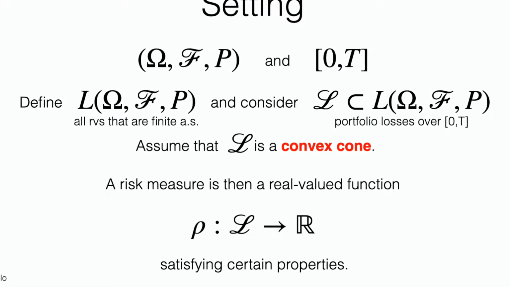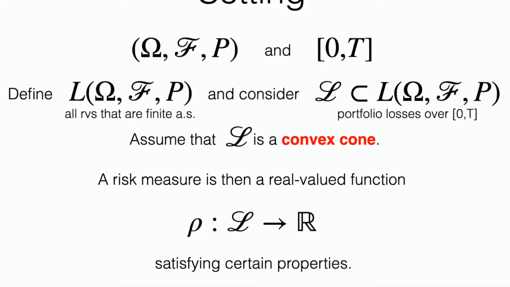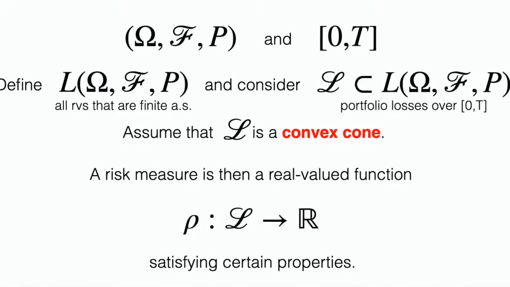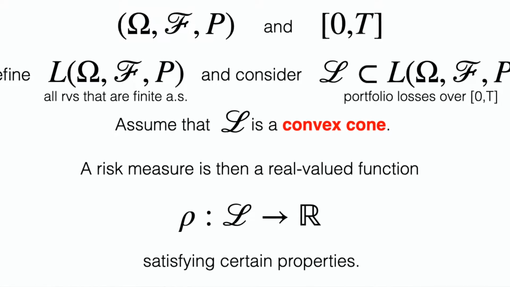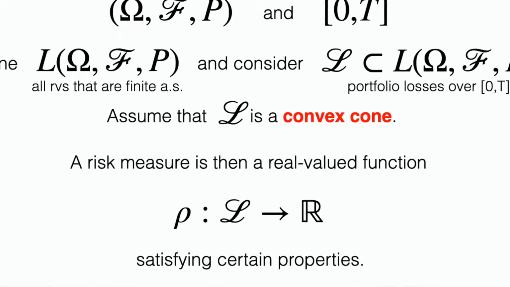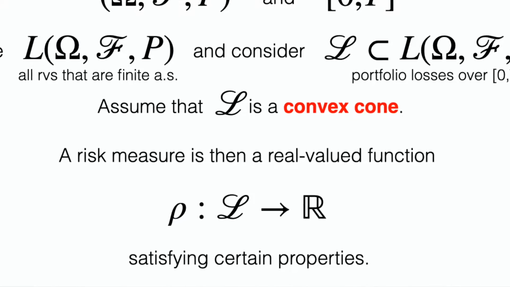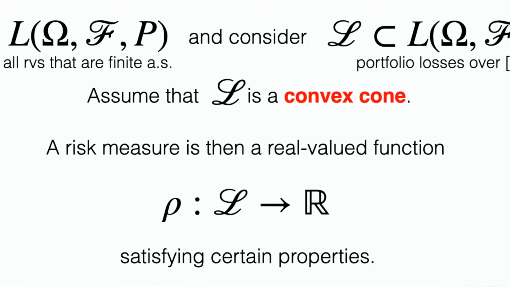In other words, we are simply assuming that if we have two losses belonging to our set L, then if we sum them, their sum is still in the set. And if we inflate losses by multiplying them by a constant, then the result is still in the set. So it's just the standard convex cone that you recall from linear algebra.